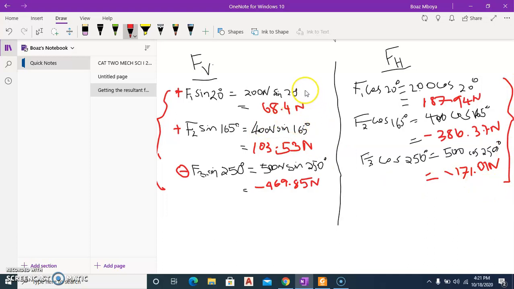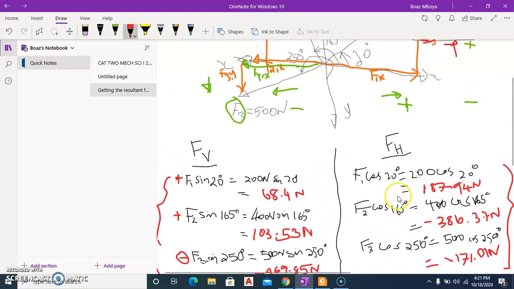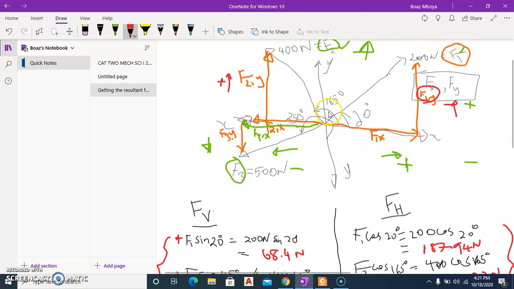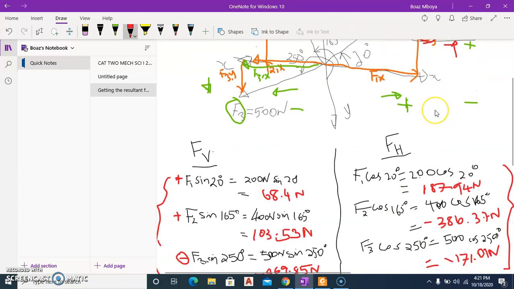So we get the sum of the components. So see you in the next video as we get the sum of the components of these three coplanar forces.